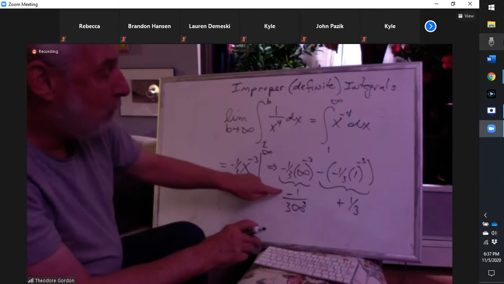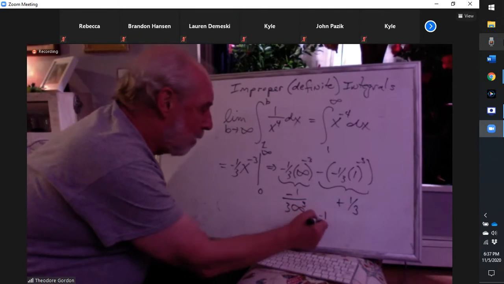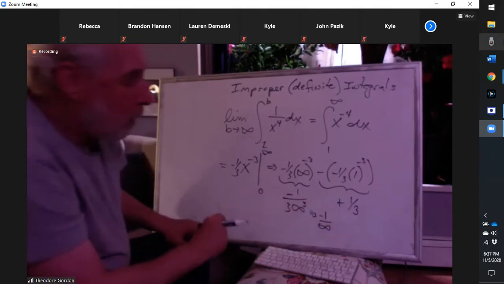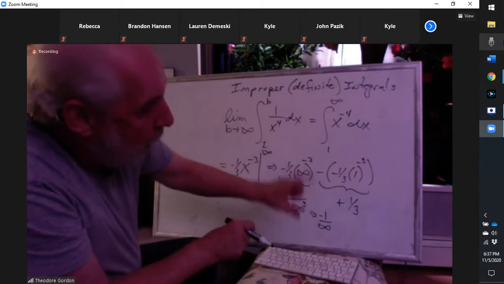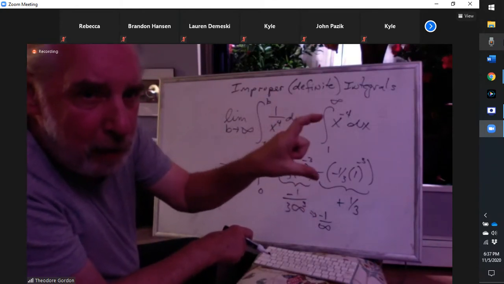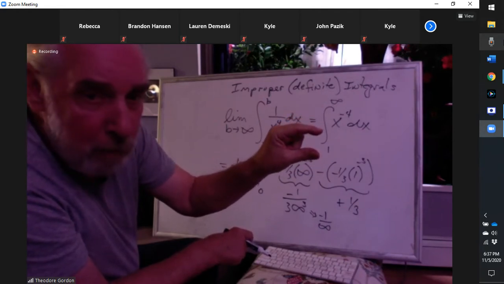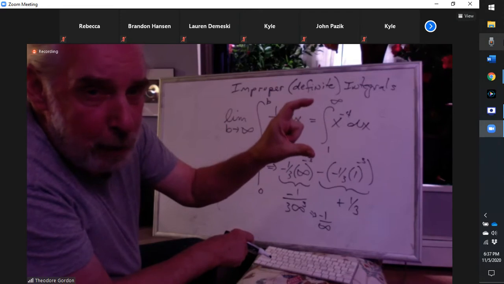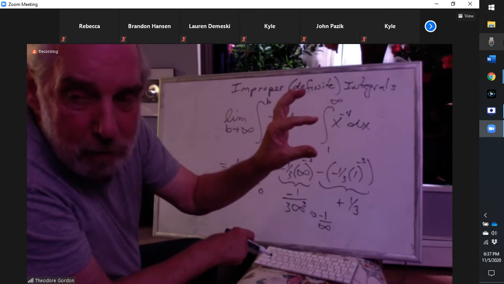So what happens here, we have -1 over infinity. So we have a constant on the top. And in the fraction, as the denominator gets really, really big, the fraction becomes very, very, very small. So if your denominator becomes infinitely big, what does the fraction become? 0.